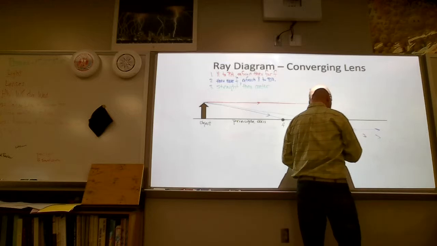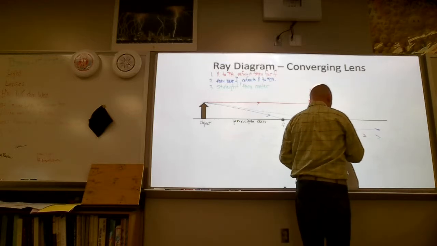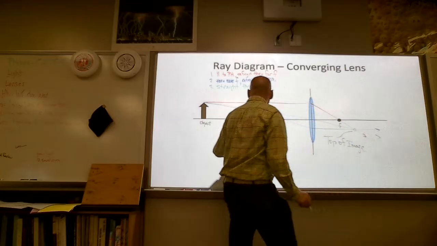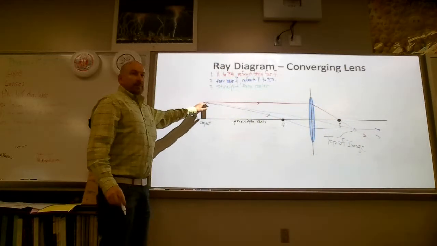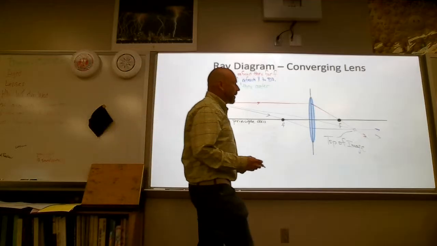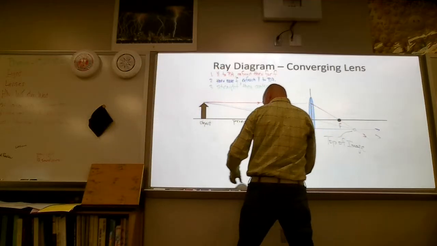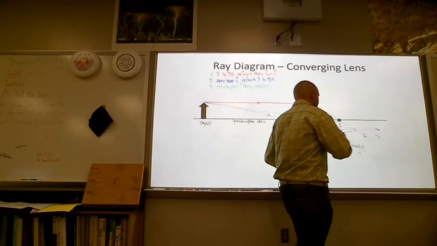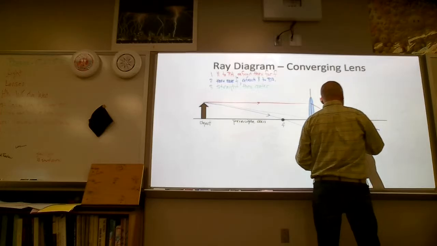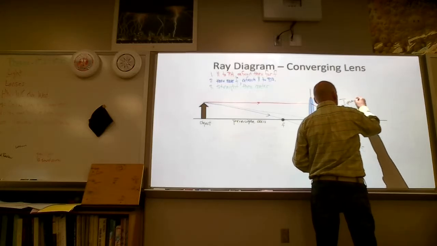This is the top of the image, the point of intersection. Because we started at the top of the object, this is going to be the top of the image. And what that's going to mean is this is an image.